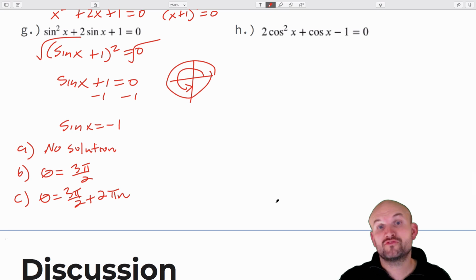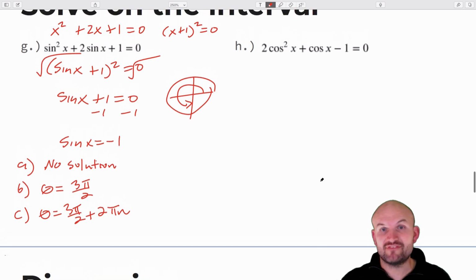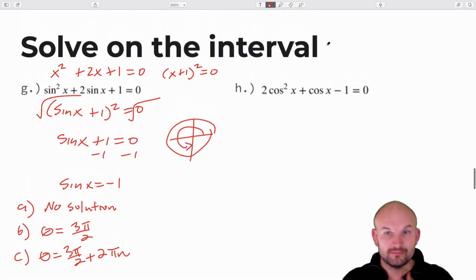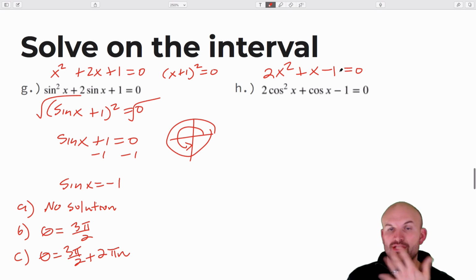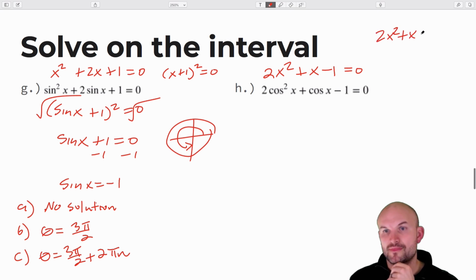All right, so the next one is a factoring problem that's obviously not easy for many students. That one is 2x squared plus x minus 1 equals 0. But again, the way I want to bring it up to students is, we know this is a quadratic trinomial, and all trinomials can be factored into a product of two binomials.